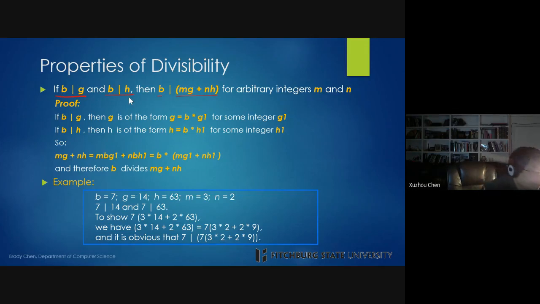So if B divides G, that means G can be written as B times some number. And if B divides H, that means H can be written as B times some number.